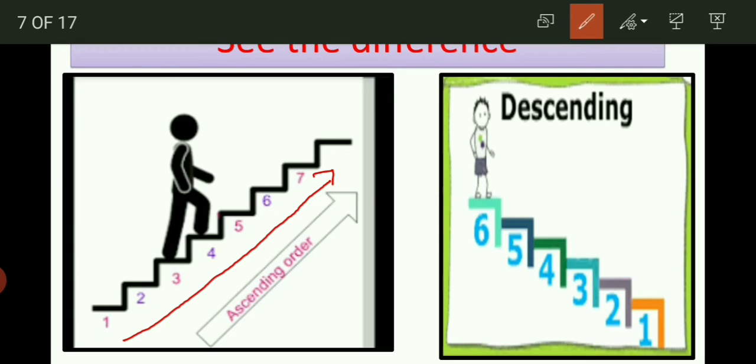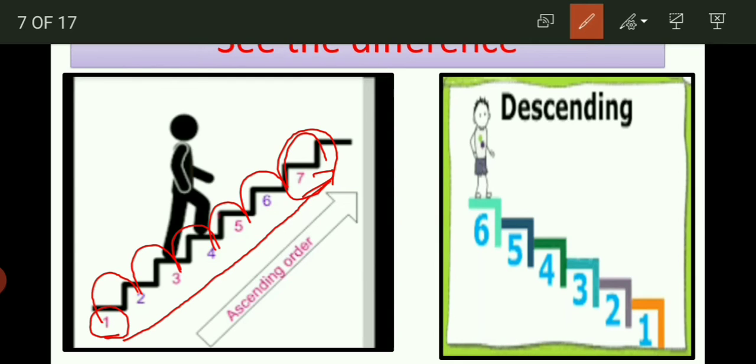Here I will count the numbers in an increasing order. That means I'll start with number 1, which is the smallest over here. Then a little bit greater number, 2. Then a little bit greater, 3. Then 4, 5, 6, 7, which is the greatest number at the last.